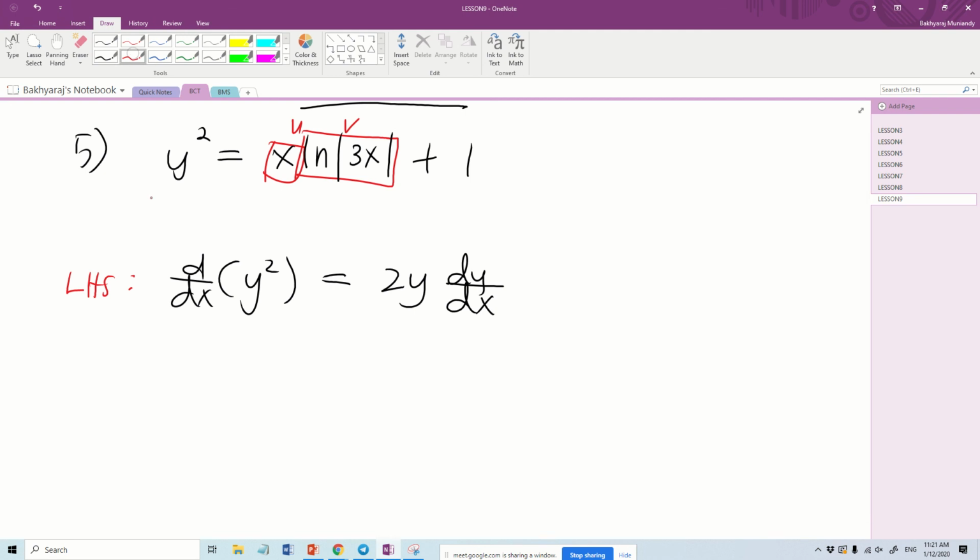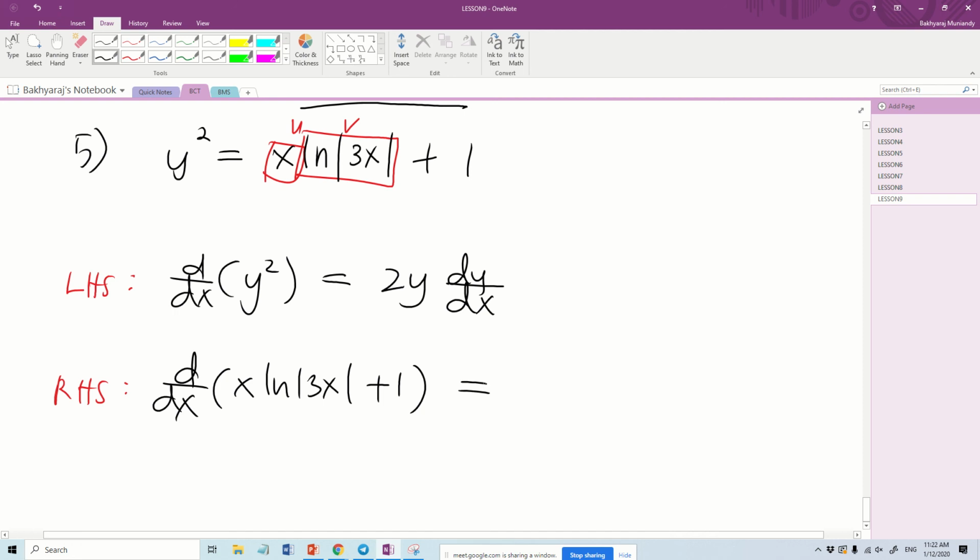Okay, so now I go for right hand side. So right hand side, I do d over dx x log 3x plus 1. Okay, to do that, remember you need the u and v lah. Ini kena buat u dengan v.